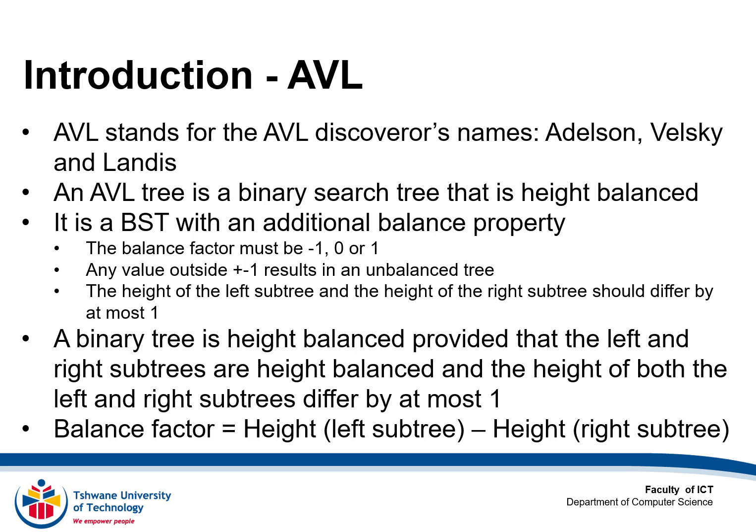In other words, the balance factor for a balanced AVL tree must be -1, 0, or 1. And any value outside that range results in an unbalanced tree. Now, the height of the left subtree and the height of the right subtree should differ by at most 1. That is what that property says.